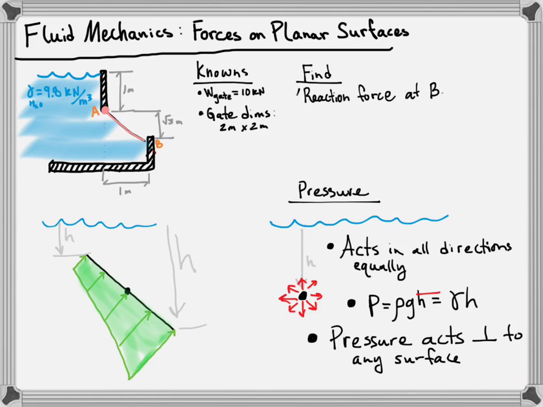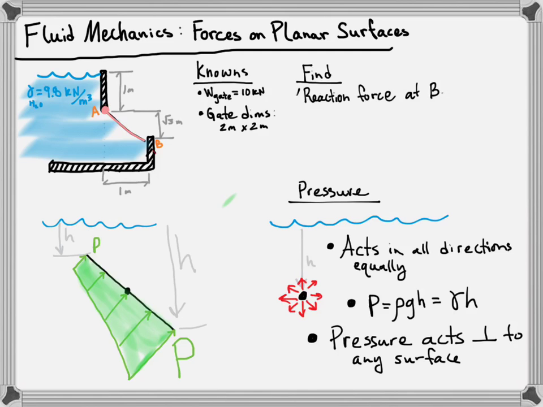And because of our equation for the pressure within a fluid, we know that we're going to have the left side at a lower pressure and the right side at a higher pressure, and we know that it varies linearly with the depth. So there's going to be this smooth transition, gradually increasing pressure as we go down. So that's nice. Okay, so how do we use this to go and find our force at position B?